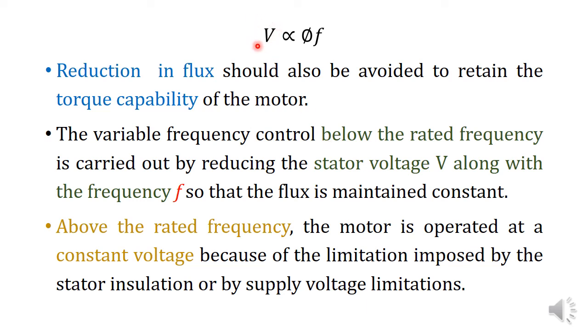So we can increase the frequency up to rated frequency, and we can increase the voltage along with that up to rated voltage. So above rated frequency operation, we have to keep supply voltage constant. So keeping supply voltage constant, we will increase the supply frequency in order to run the machine above rated value. Then the flux will obviously decrease, thereby reducing the maximum torque capability of the machine.